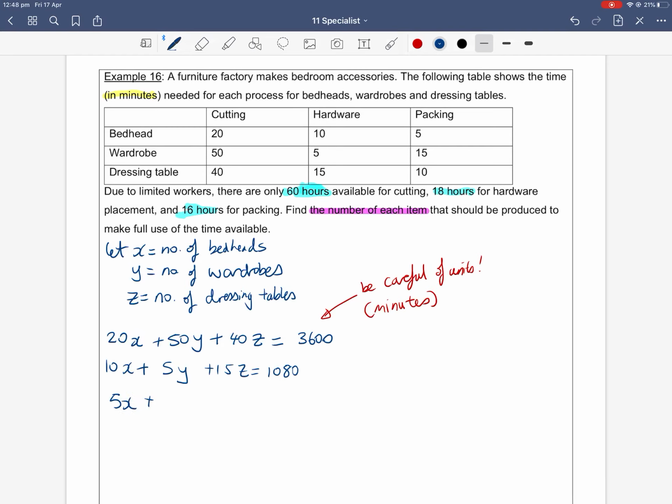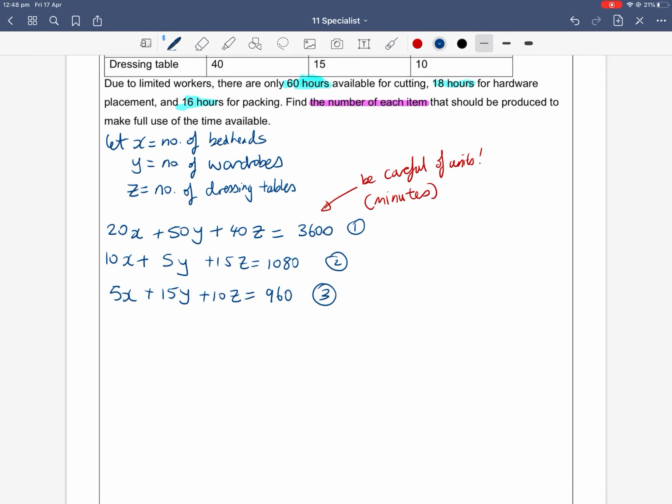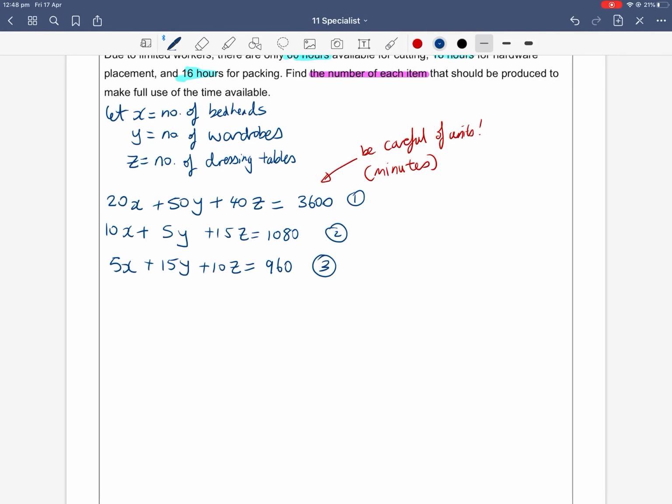And lastly, the time for packing, so 5x plus 15y plus 10z is equal to 16 hours. So 16 times 60 gives us 960. So we have equations 1, 2, and 3.